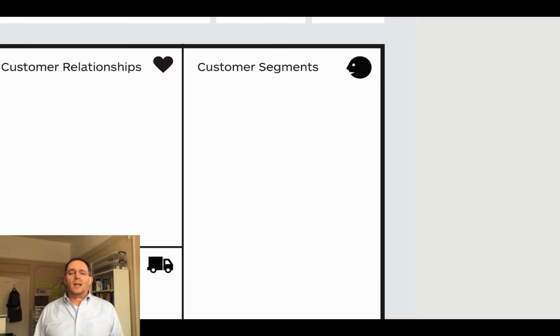And a key thing here is, have you spoken to them? Do you know if they're planning? Do you know what it is that's driving their buying behavior?